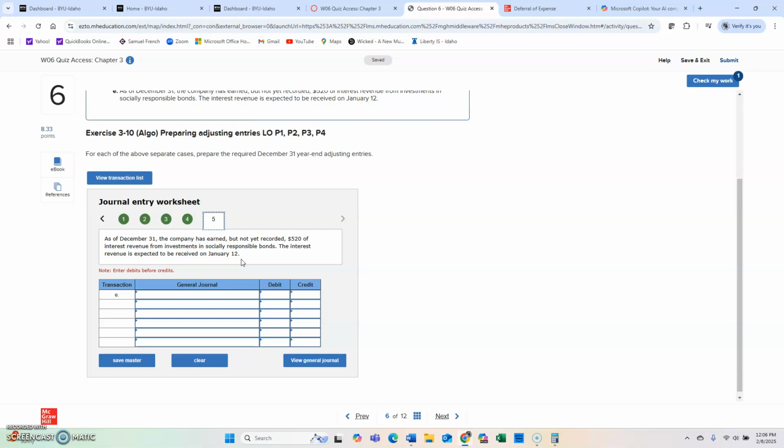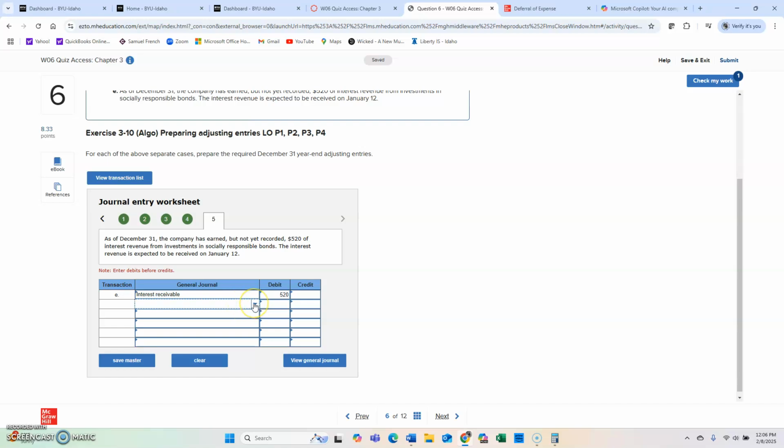So we haven't received it yet. So that means we've got a receivable, and it's going to be an interest receivable. And receivable is an asset. So we're going to debit that for the $520.